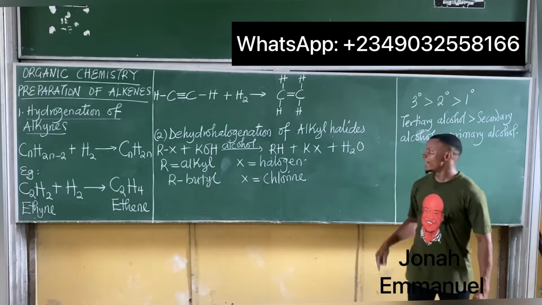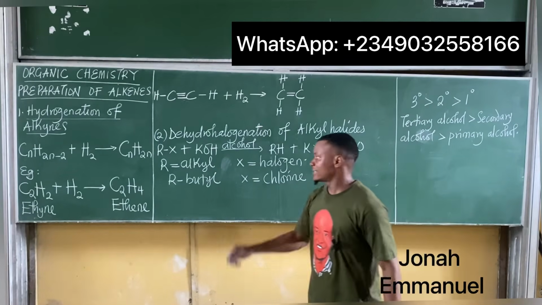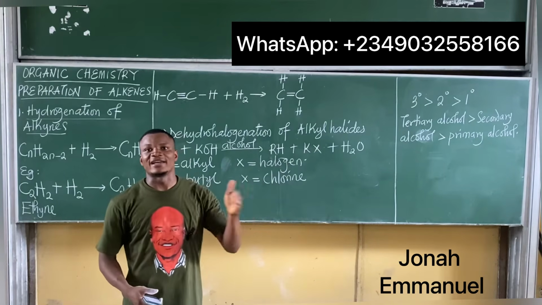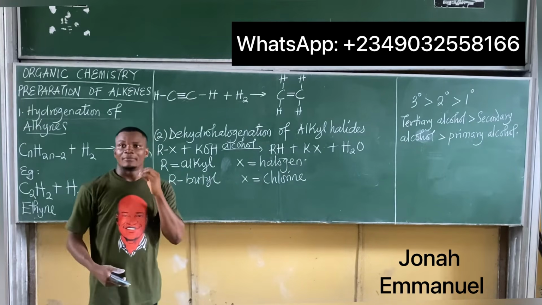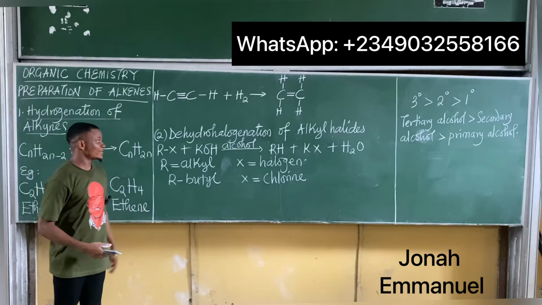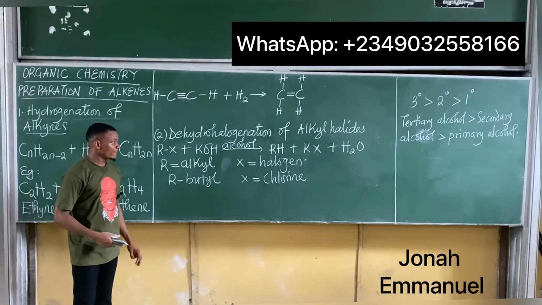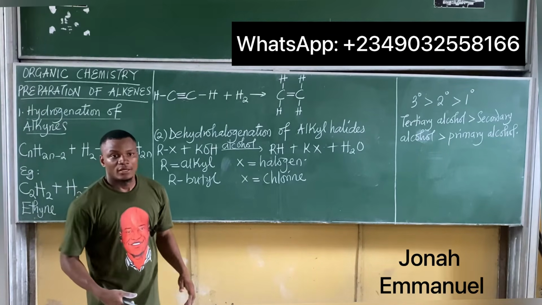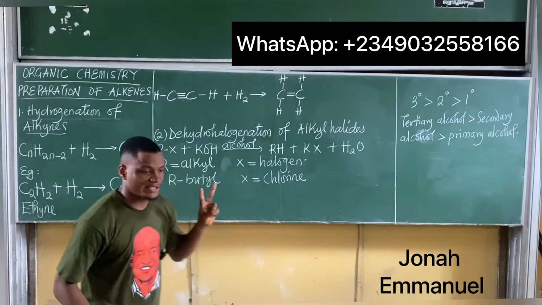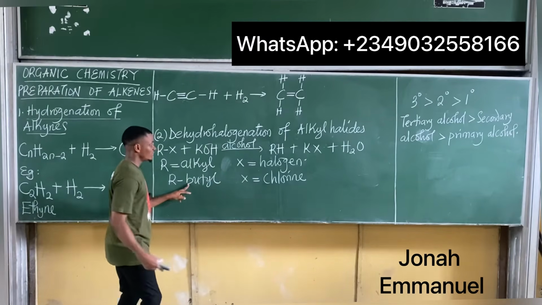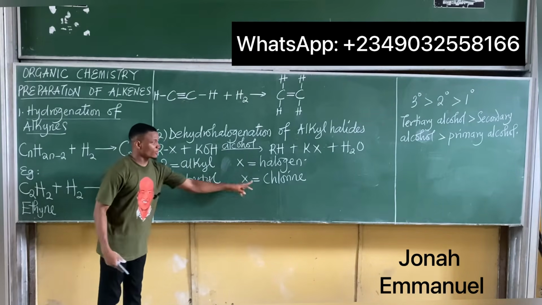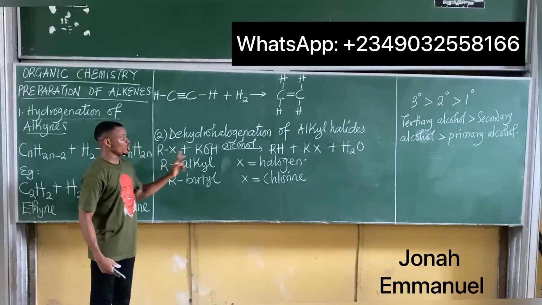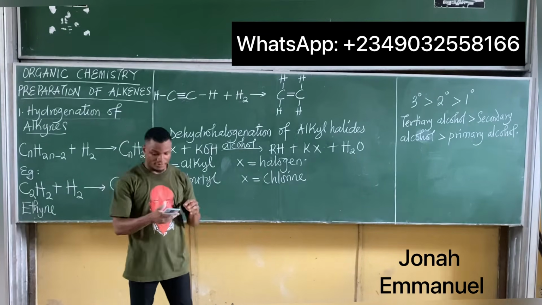Get out the correct structure and name each of the compounds there. Give it 2 minutes. Take this as butyl, take this as chlorine. Draw the complete structure. When you're done, name each of them.